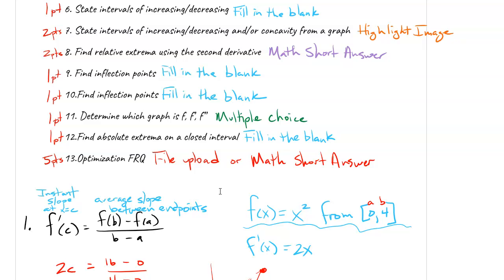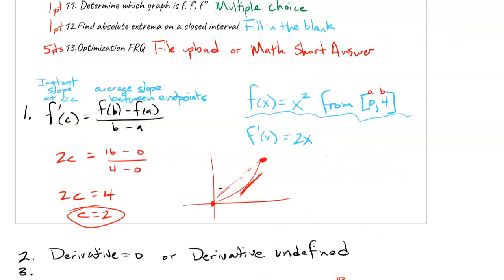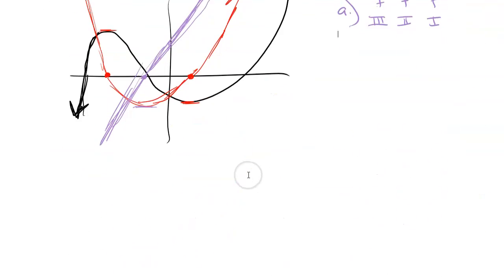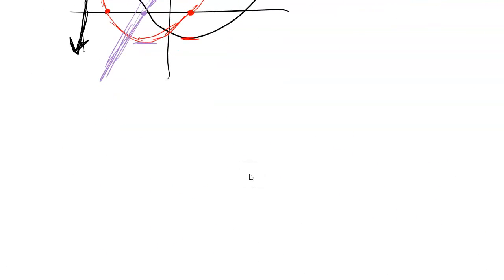12, find absolute extrema on a closed interval. Johnny, do you remember how to find absolute extrema on a closed interval? There's a couple steps to do that are the same every time.